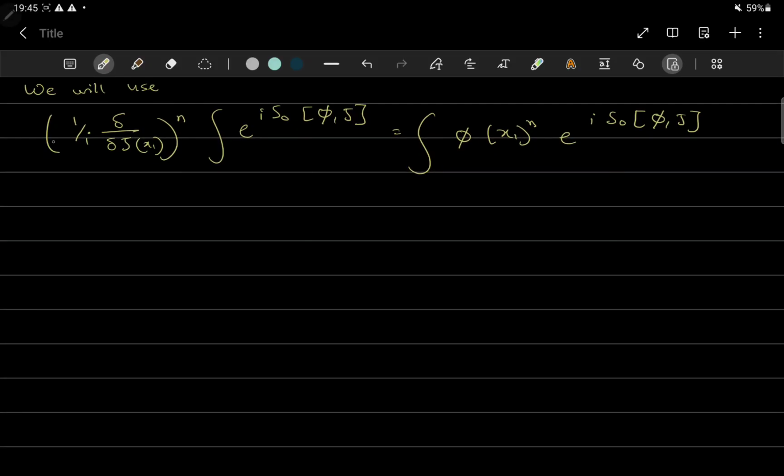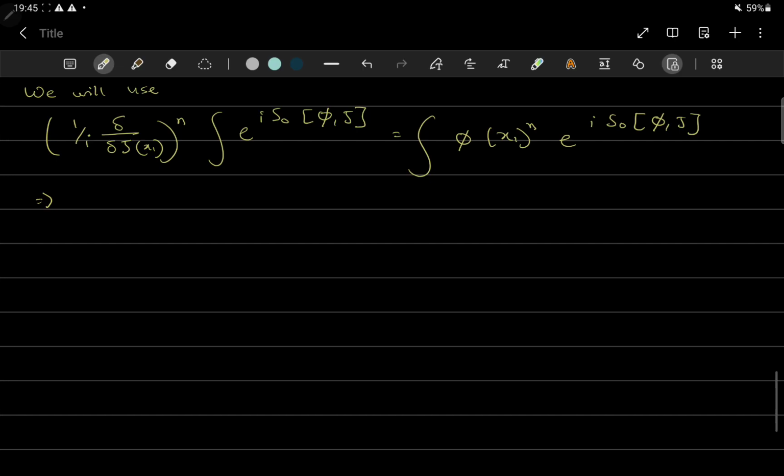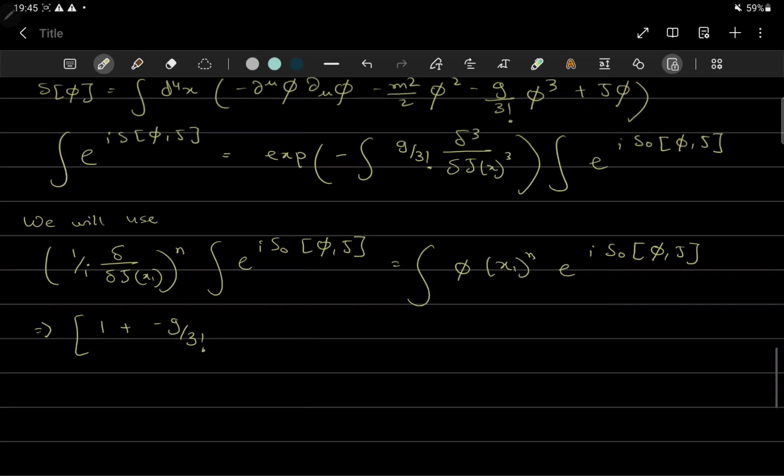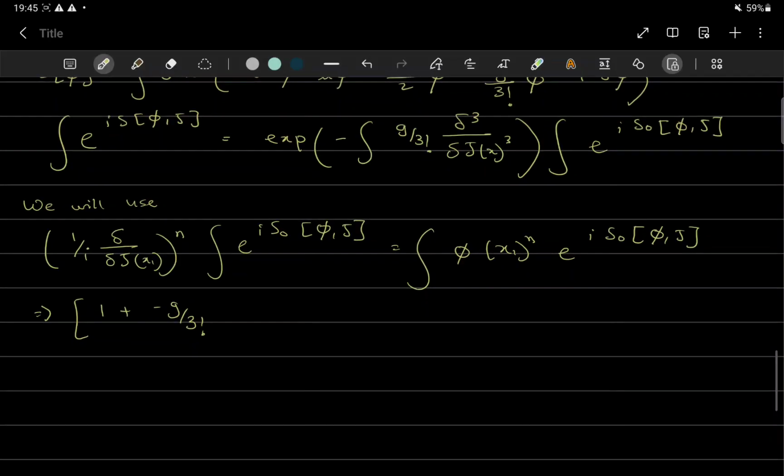Now I can expand this because this is to the power of n, right? And I can expand this in the following way. I can write this as just a simple expansion with the interaction terms. So basically you can write this as an expression of the expansion, right? There is a very nice proof to show that any number to the power of n expands the same way as an exponential.